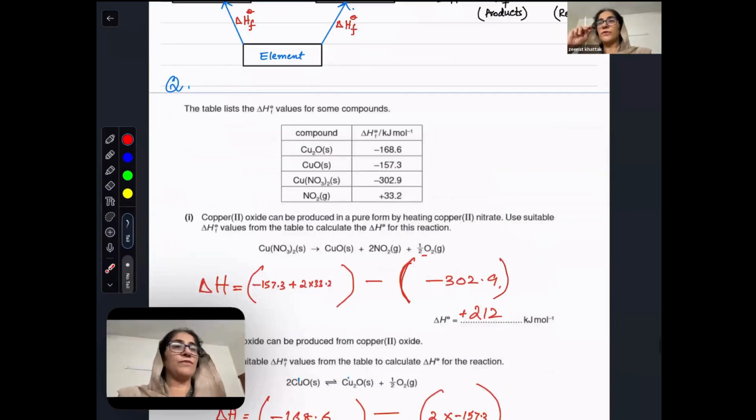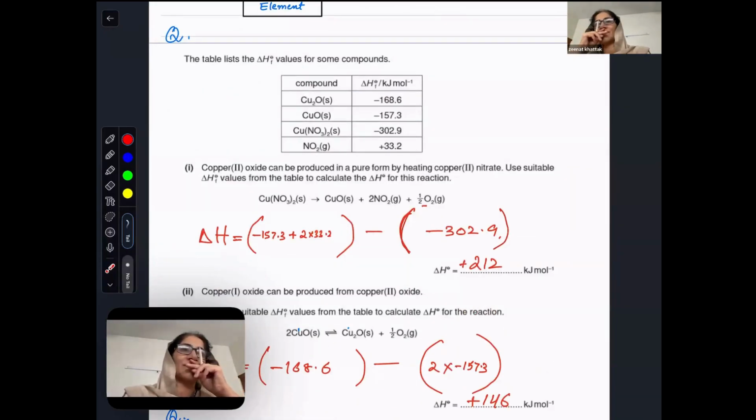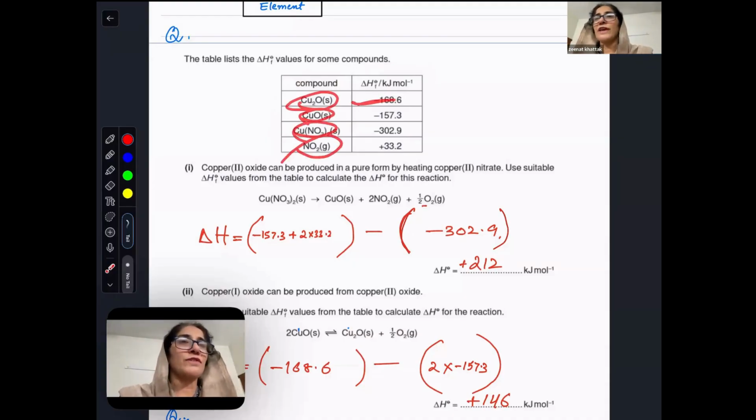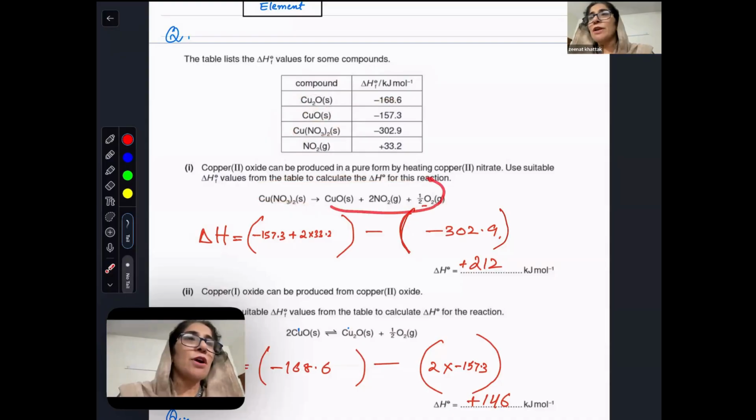So look at this question. These are reactants. Can you see the enthalpy changes of formation? Formation of copper oxide from its elements, and this is the equation whose delta H is unknown. So what am I doing? Enthalpy change of formation of product minus reactant.